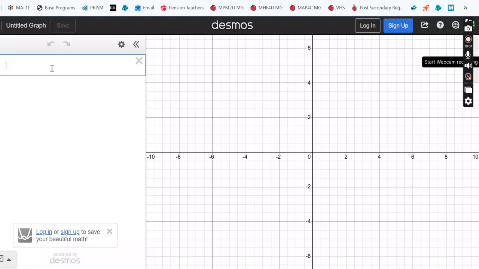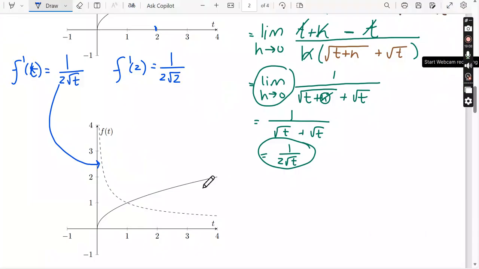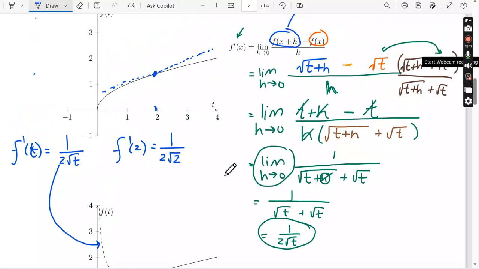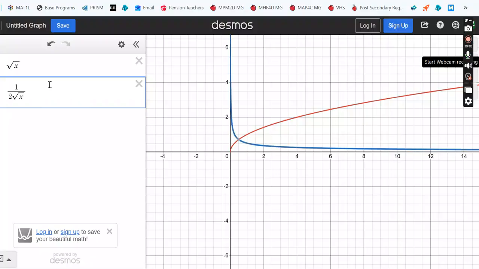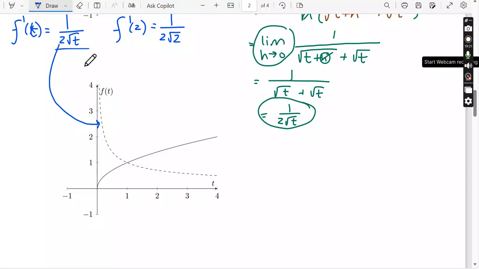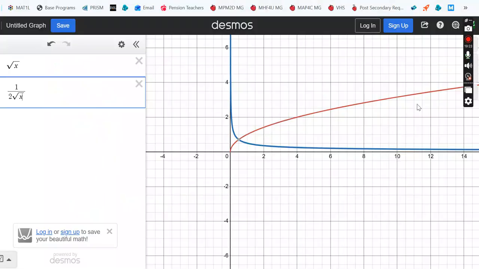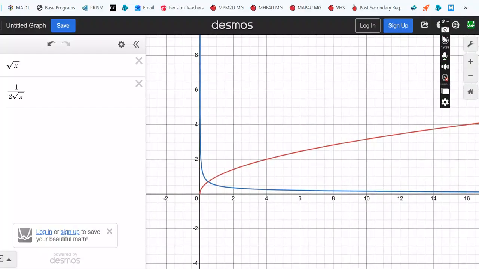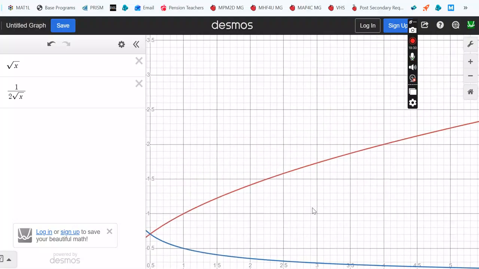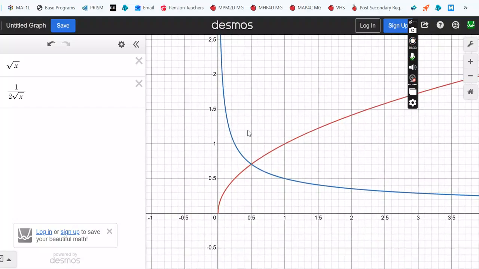So then, square root of x, that was our original function, okay? And then our derivative is 1 over 2 square root of x. In this case, I obviously use t, okay? So the blue represents our derivative. I know it doesn't look the same because it's zoomed out, but if I just move it, there we go. So the red represents the original function. The blue represents the derivative.